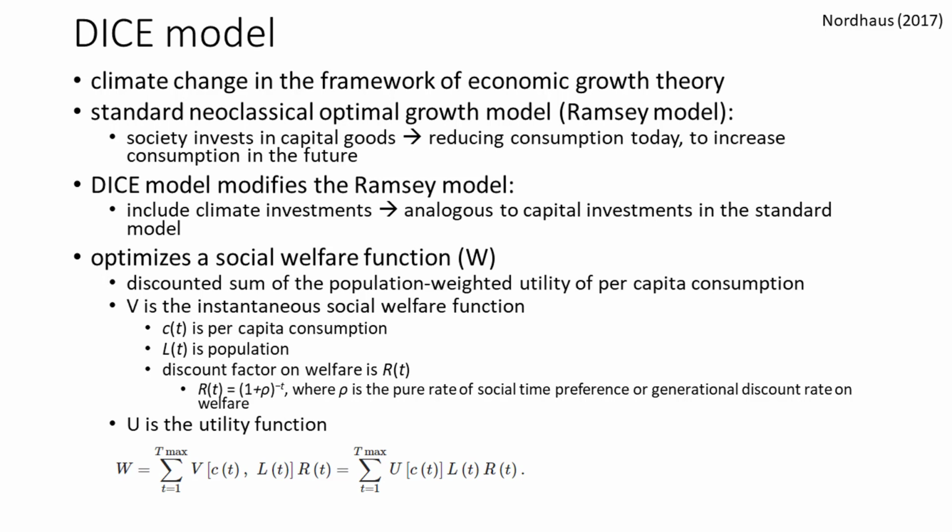There is a B component, the instantaneous social welfare function, which is related to per capita consumption, population, and also there is a discount factor. In the case of population, it's also pretty strange that it allows the population to grow until some level for the next, if I remember well, 200 years or something like this, and then there is a plateau, and after that it's fixed. But we can modify it.